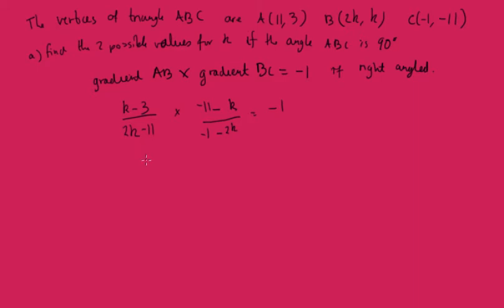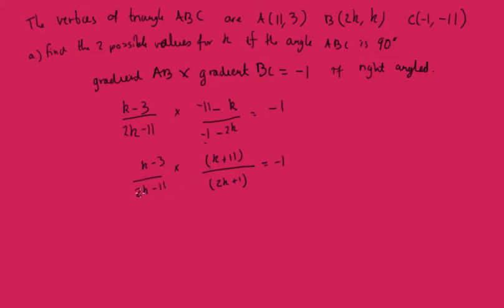If we take this bit here, we've got k minus 3 over 2k minus 11 times, now I'm going to take minus 1 out of here, that's going to give us k plus 11, and we're going to take minus 1 out of here, and that's going to give us 2k plus 1, and that's going to all equal minus 1. So we can just cancel this out.